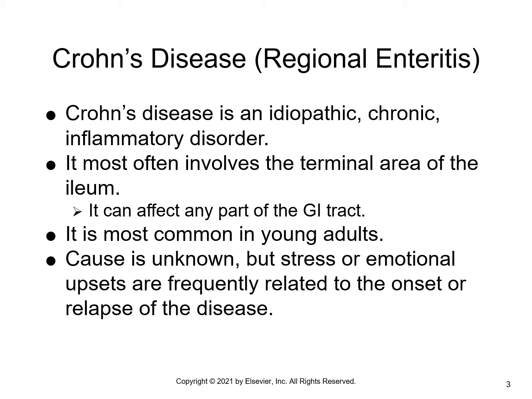One of the common appearances, especially with a barium study, would be a cobblestone appearance, where the ulcerations create the cobblestones, and the normal bowel in between these ulcerations creates the separation of those cobblestones.